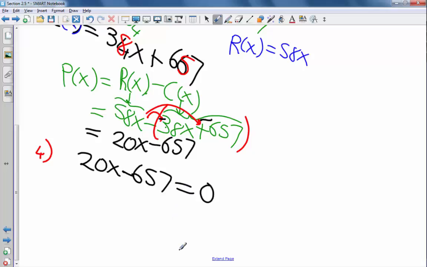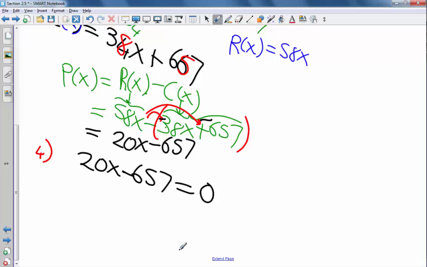Right? This is the recipe. If you want to break even, you don't want any profit, you don't want any loss. This is the recipe. But the question says, I don't want to lose money. I want to break even or more. So this doesn't cover the more part. So how do you revise this so you can make more?